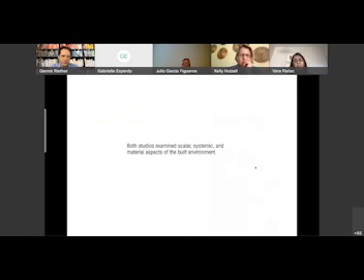So both studios examined the scalar, systemic, and material aspects of the built environment. They looked at material and technical complexities of the human environment and the impact human constructs have on urban environments.